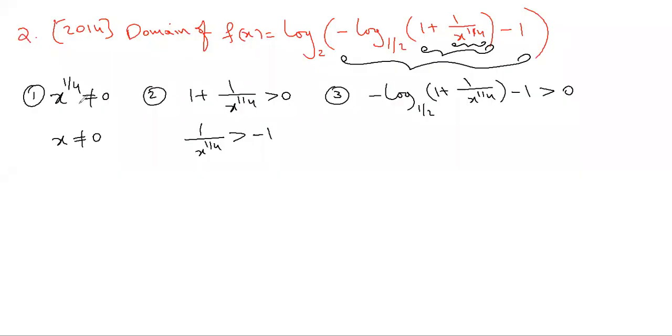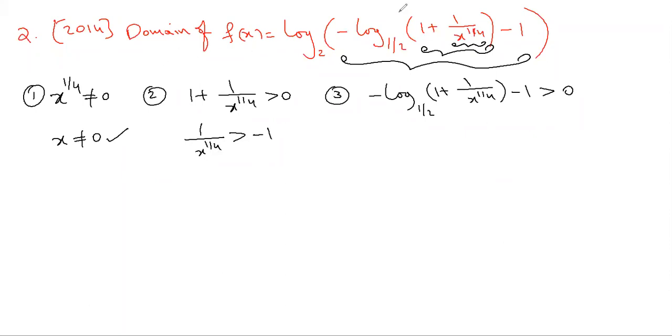This simplification is easy. Just x power 1 by 4 not equal to 0, so x not equal to 0. And this one, you need to write x on one side. We wrote it like this: 1 by the 4th root of x is greater than minus 1. And moreover, the fourth root is a kind of root.